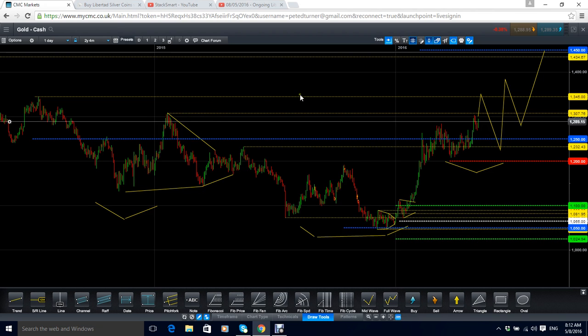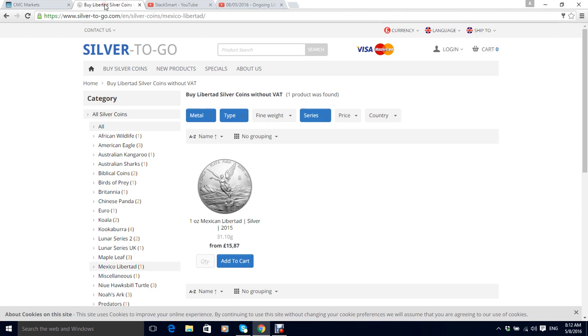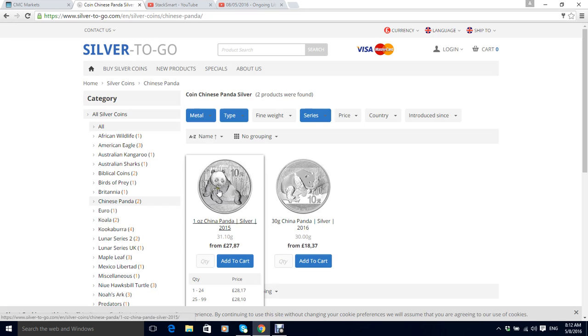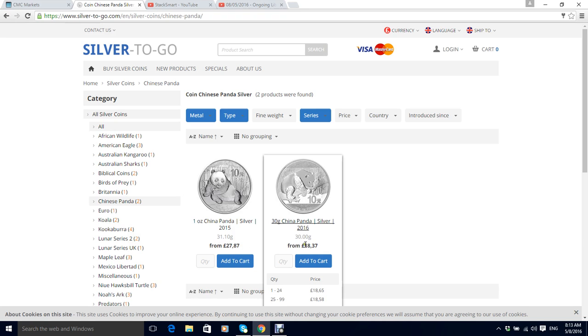So in order to continue with the silver interest on this channel, I'm going to be giving a top tip on this channel, because I was doing that on the old channels, but I've not been doing it recently on either channel. So on the silver, one thing of interest on Silver to Go is the selling of the 2015 pandas at the moment for 28 quid, which to my mind is really dear. It's a £10 premium on last year, which shows you the massive demand on these pandas.